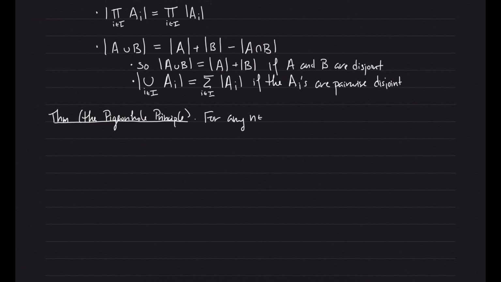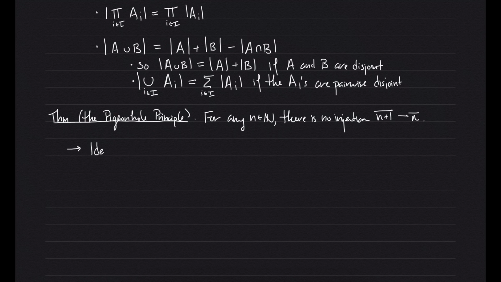For any natural number n, there is no injection from n plus 1 to n, which hopefully seems reasonable. And let's think about what this is really saying in terms of pigeonholes.